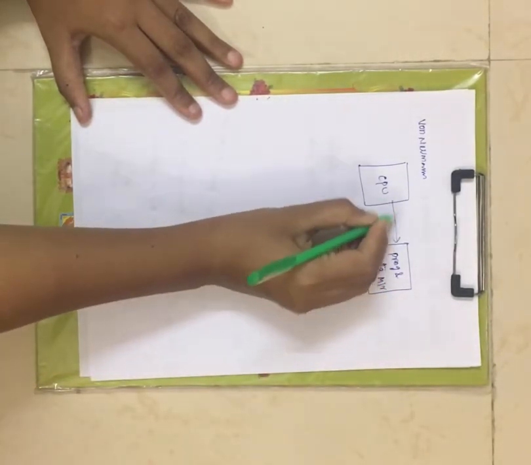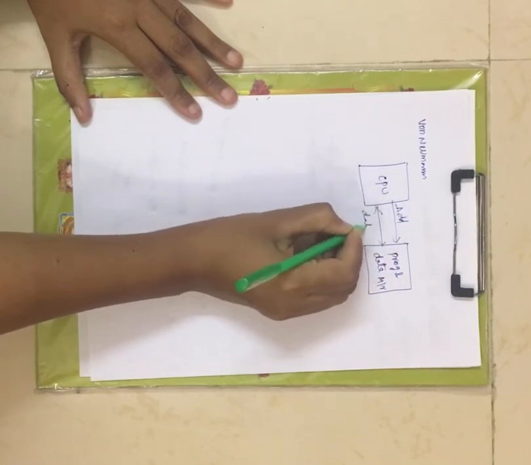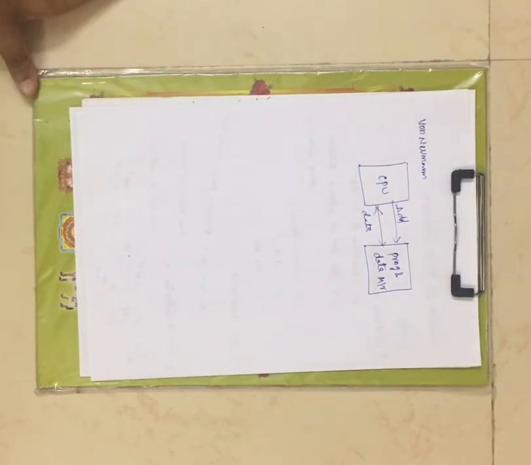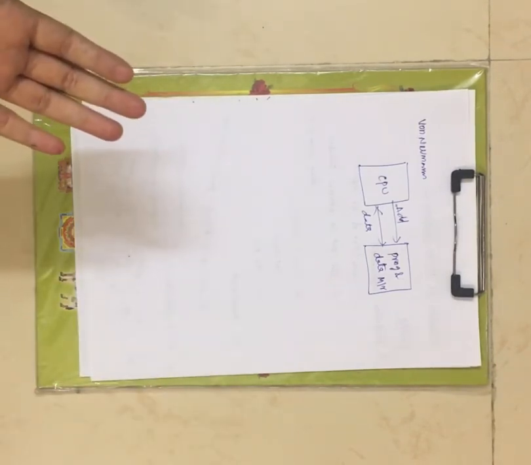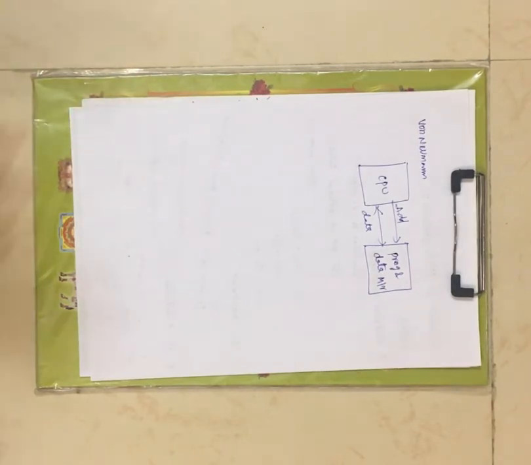Because of this, you fetch the address by address bus and data by data bus. Because the program and data are stored in the same memory, you can't fetch the instruction and data at the same time, because you have only a single bus. Either you can fetch the instruction or you can fetch the data, but not at the same time.